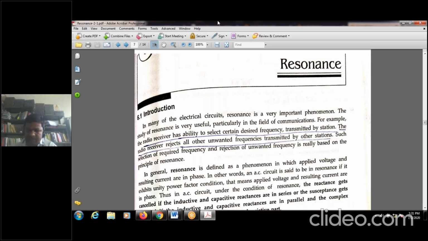And the second way of defining it is that at resonance, the applied voltage and resultant current are in the same phase.